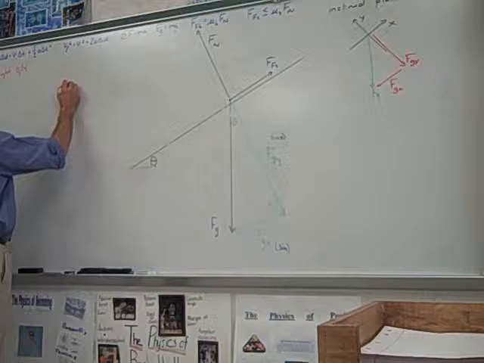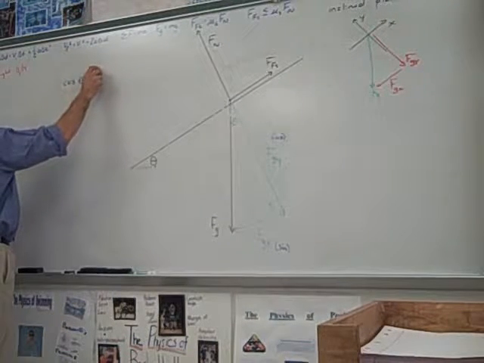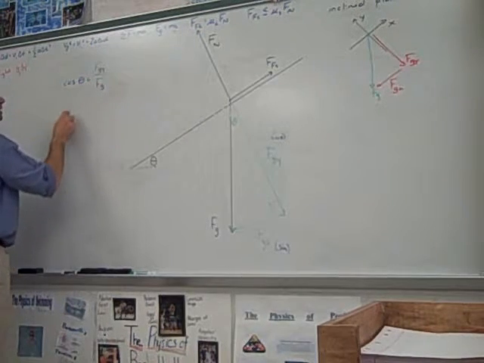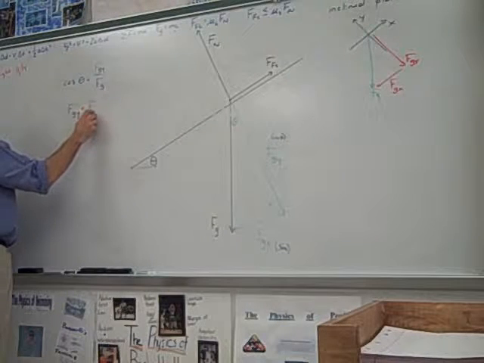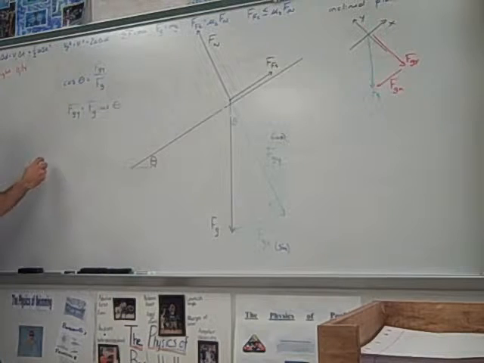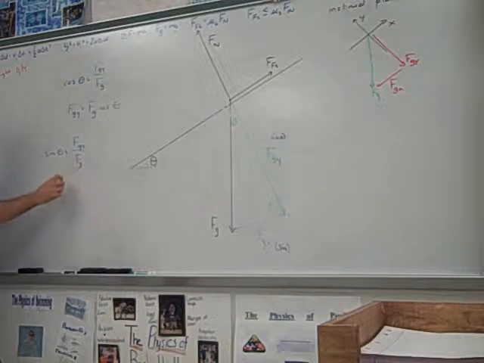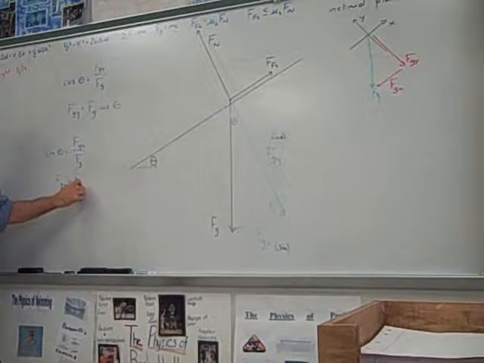So the cosine of theta equals FGY, the adjacent to theta, over the hypotenuse FG. So FGY equals your weight FG times your cosine of theta, and then sine of theta is equal to FGX over FG. So then FGX is FG sine theta.